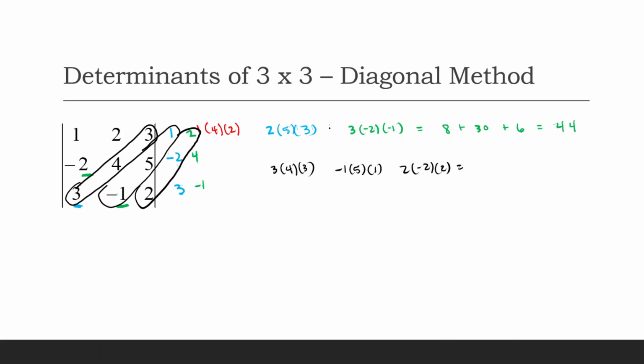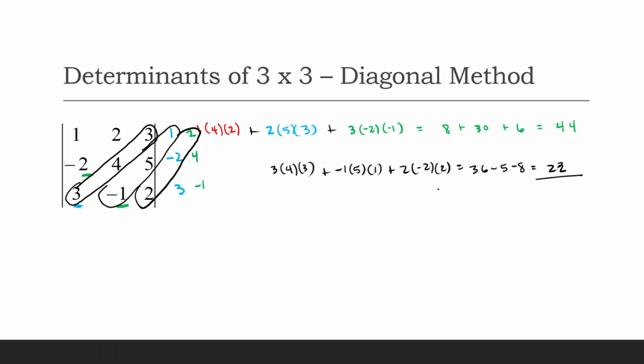And so we're going to add those together, and that's going to be 36 minus 5 minus 8. So that gives us 31 minus 8, which would be 23.